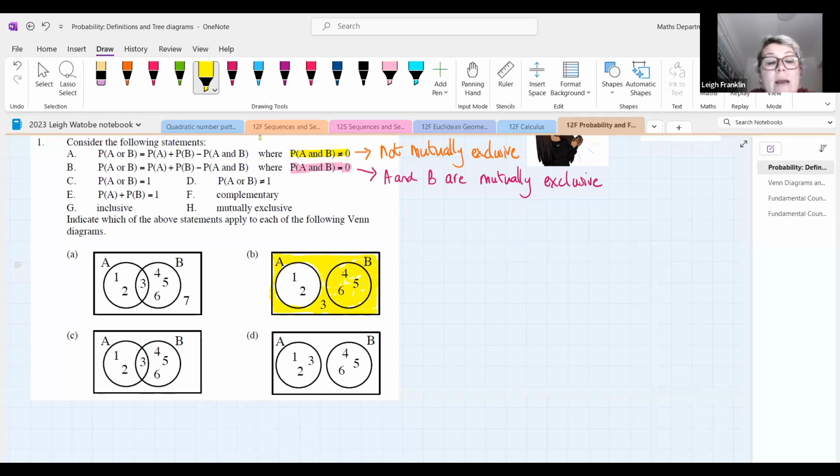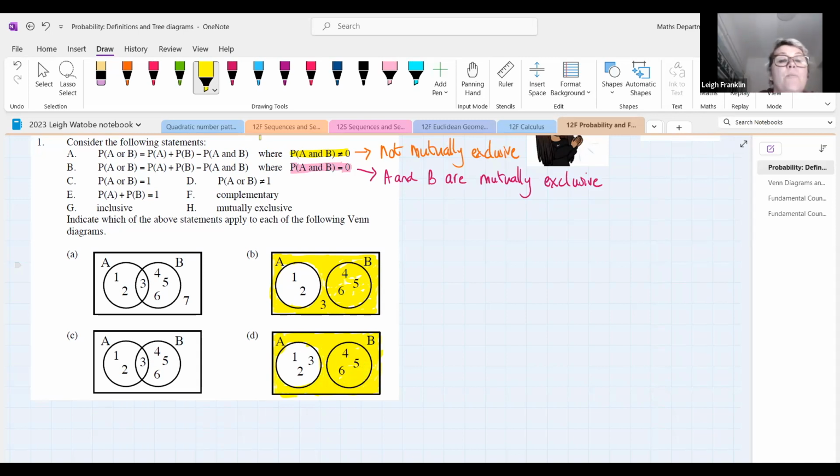Whereas if we have a look at diagram D, everything that isn't A is B, because there's absolutely nothing that's sitting on the outside. So here we could definitely describe the complement of A as B in this case. For diagram B, the complement of A is not B, because there's something on the outside as well. But you're quite right. Everything that is not A has been colored in yellow in diagram B, and that includes the 3 on the outside.